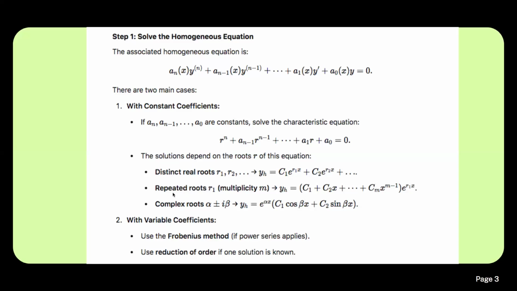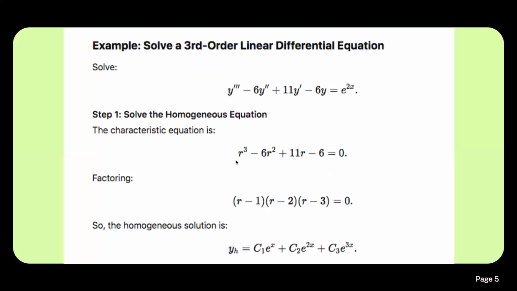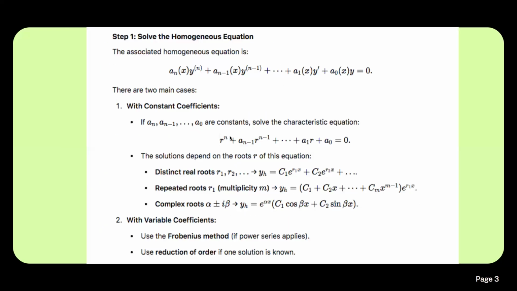Then we have the case of repeated roots, r1, okay? Double, triple, multiple roots of r1. Then y_h can be written as e^(r1 x) times (C1 plus C2 x plus ... plus Cm x^(m-1)), up to multiplicity m. M is usually smaller than n.